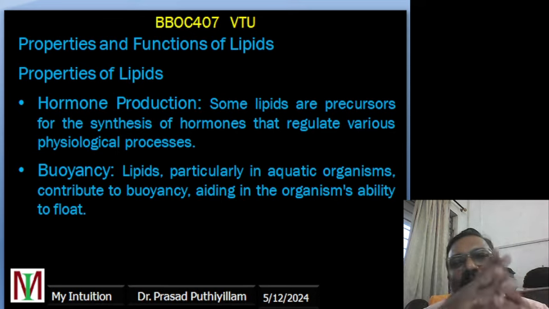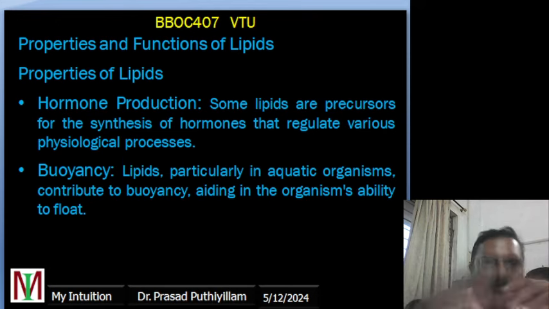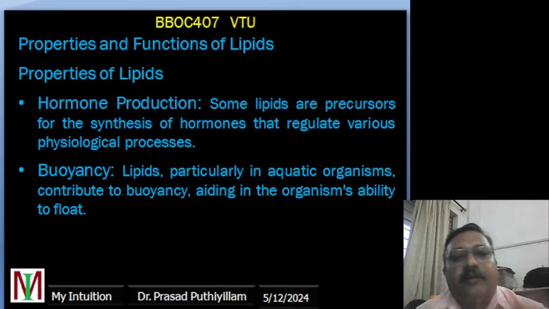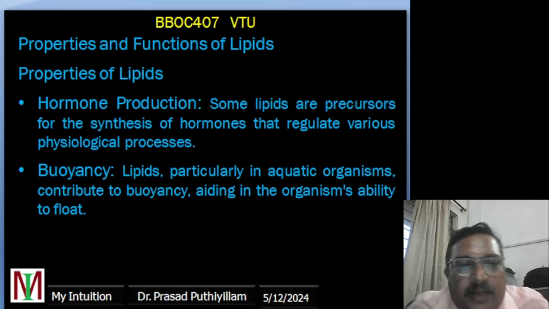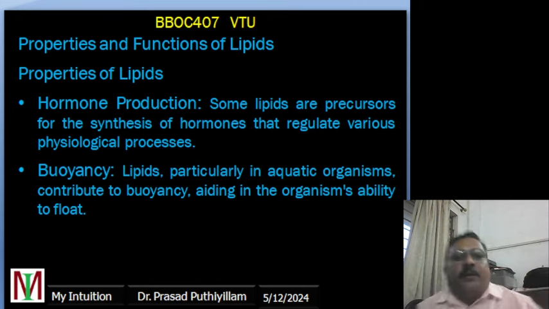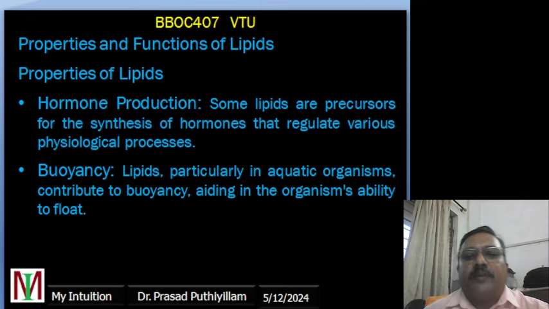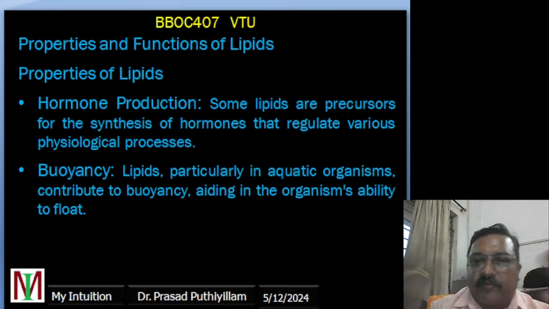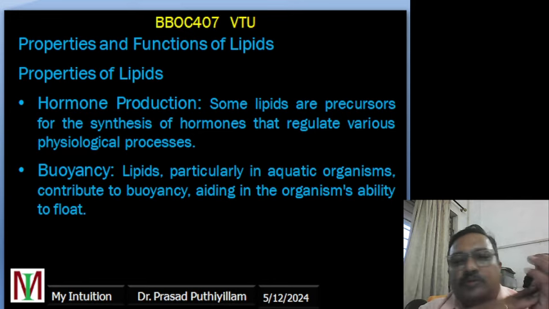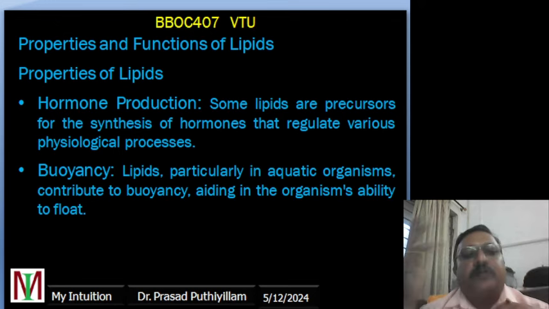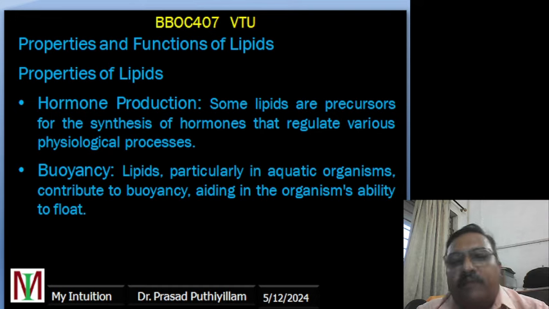So the blubber layer, which is actually the lipid layer, provides the required buoyancy to either float or stay at a particular height or depth. This is done even by some of the fishes also, allowing them to rise or sink or maintain a specific depth with minimal effort.